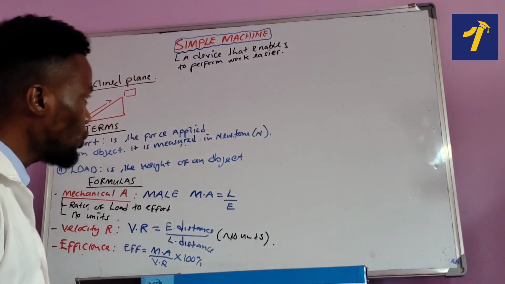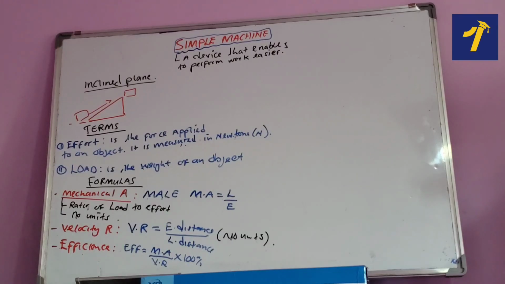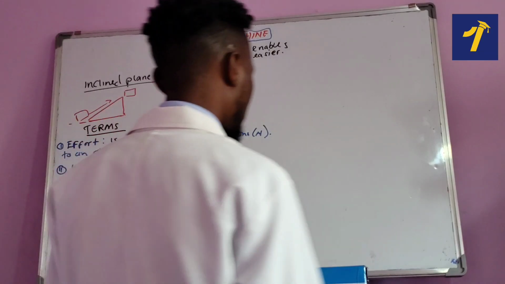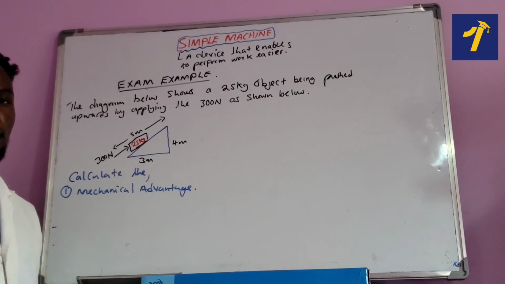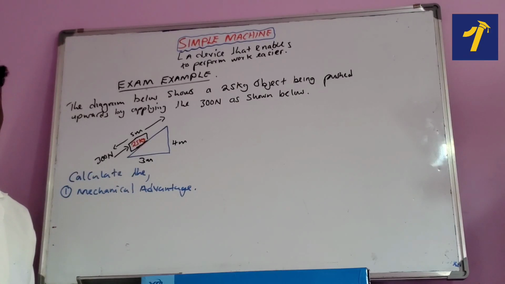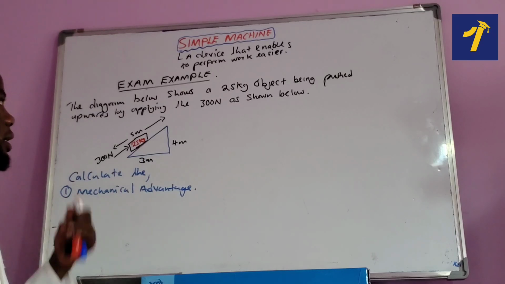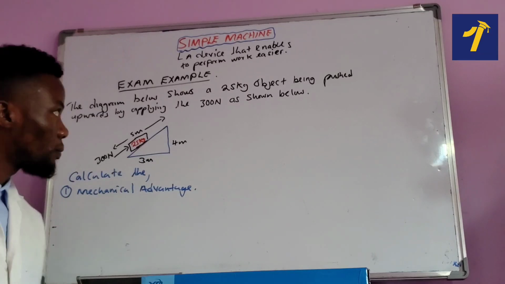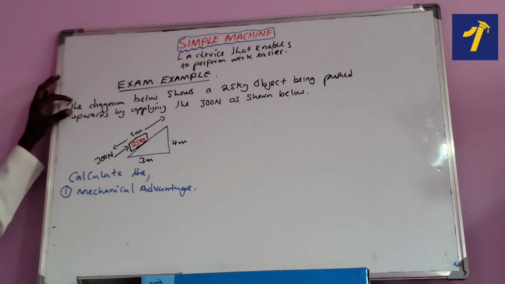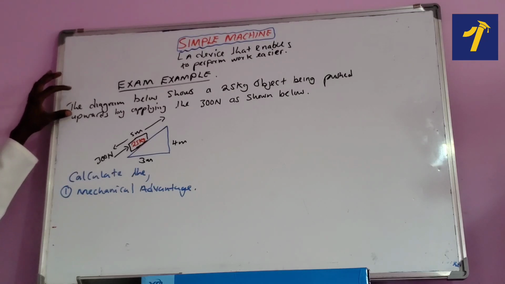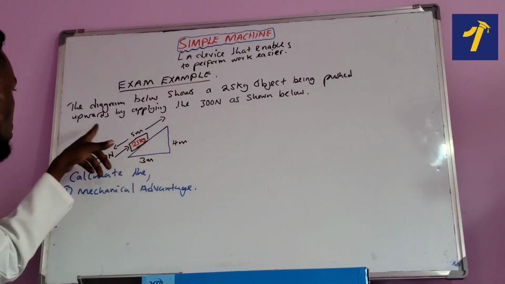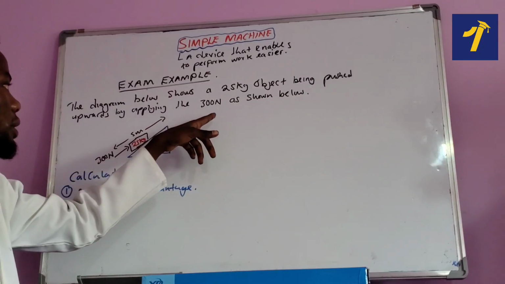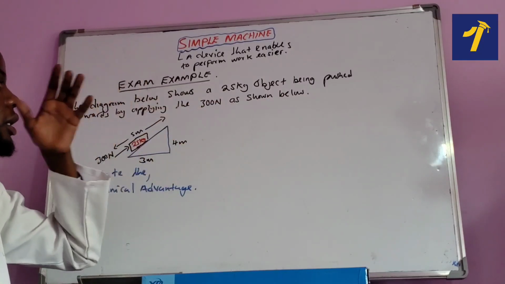Okay. Now let us just look at one simple example. Okay, so now let us apply our knowledge of mechanical advantage as well as velocity ratio under inclined plane. So this is the good example that we can have. The question is saying the diagram below shows a 25 kg object being pushed upward by applying the 300 Newton force as shown below.